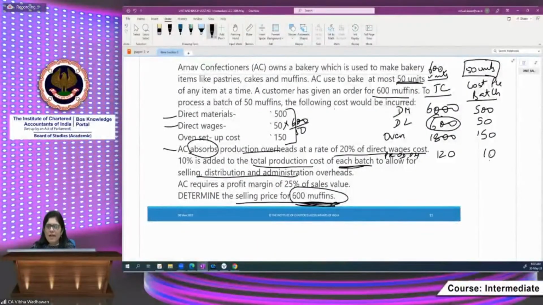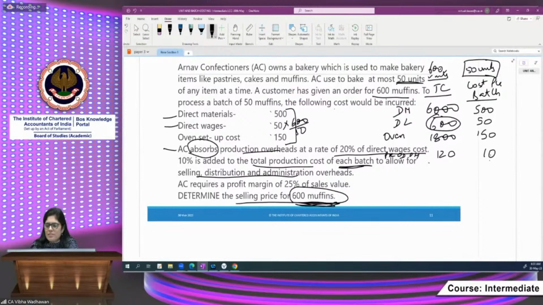So how have you calculated? 120 is the cost for 600. How much has to be the cost for 50 units? So 120 into 50 divided by 600. You will get 10. It's not 1, it's 10. Production overheads is 10 per batch.